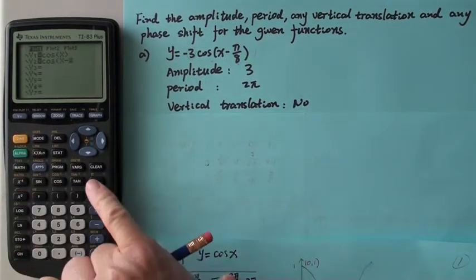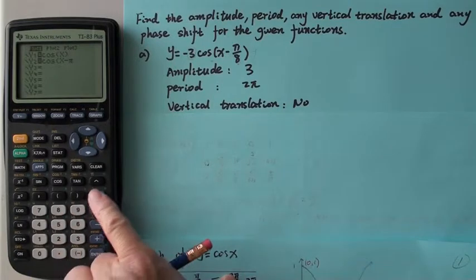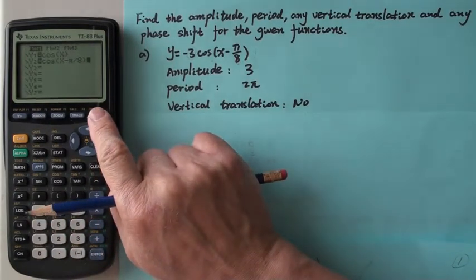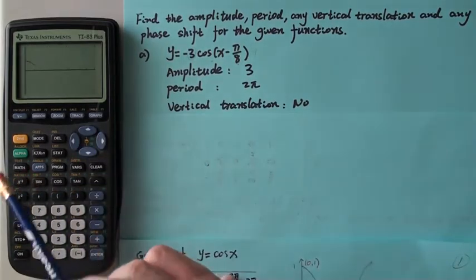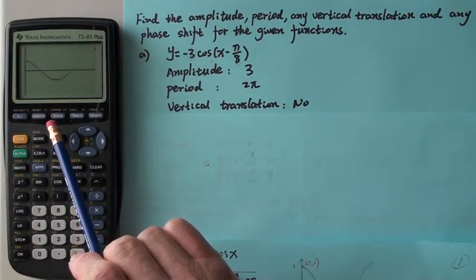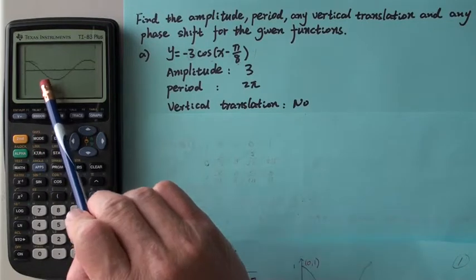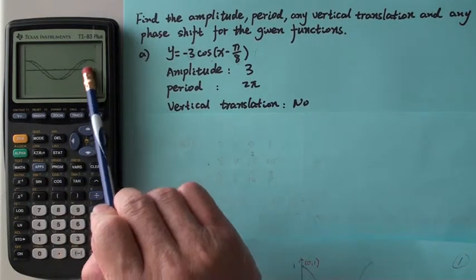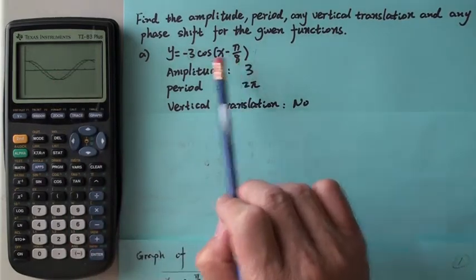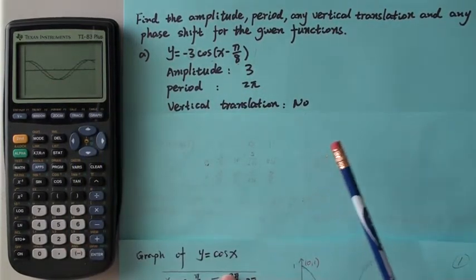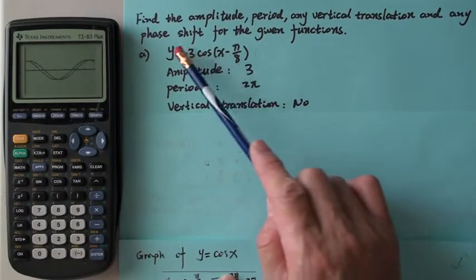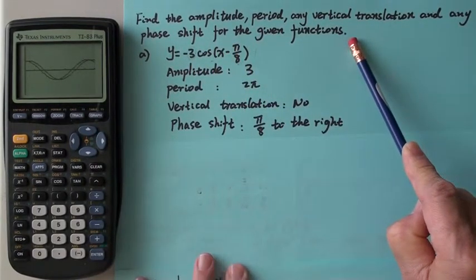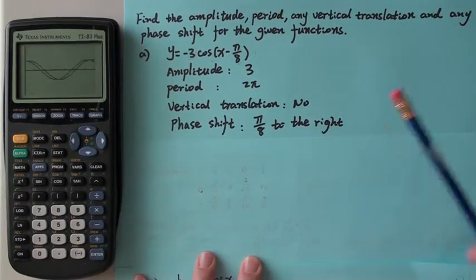You see the x-intercept will be different. This is cosine, and the new intercept is pi over 8 to the right. So the phase shift is pi over 8 to the right.